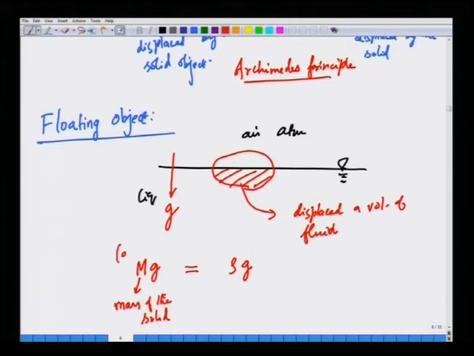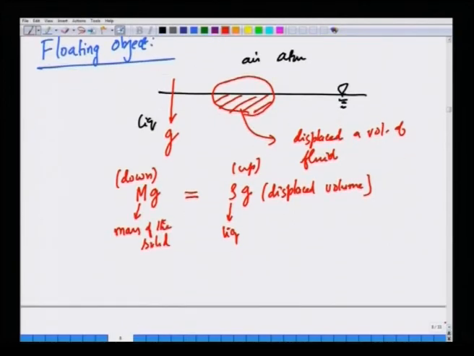This is the downward force, and this is the upward force, the buoyancy, which is the density of the liquid times acceleration due to gravity times the displaced volume, because only the displaced volume contributes to the net upward force. So, this is the condition for floating.